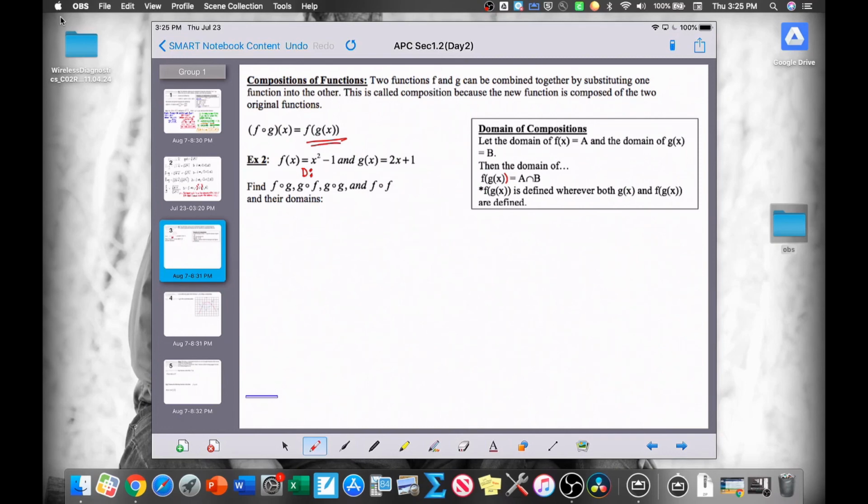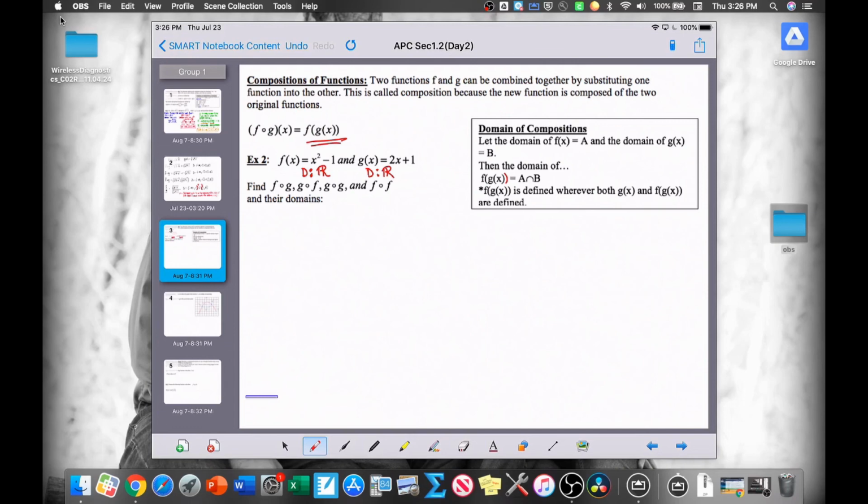Either way, the domain here is going to be all reals. When we look at g of x, we have a linear function, 2x plus 1. Once again, the domain is going to be all reals. So all reals intersected with all reals means that the domains of our compositions for all of these are going to be x equals all reals or negative infinity to positive infinity. So for this particular problem, domain was easy.